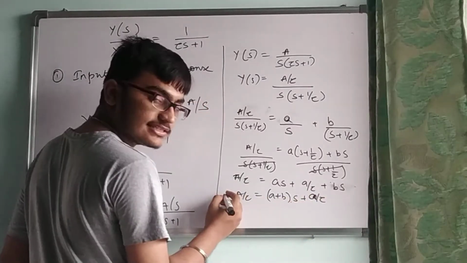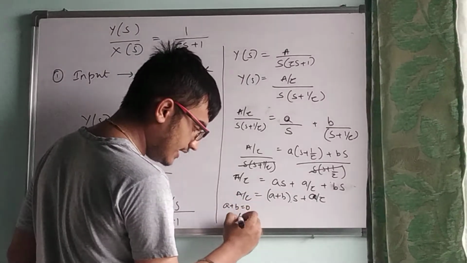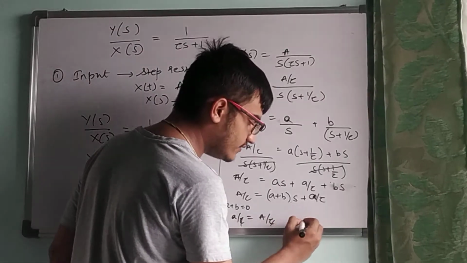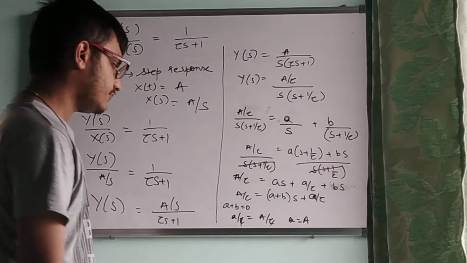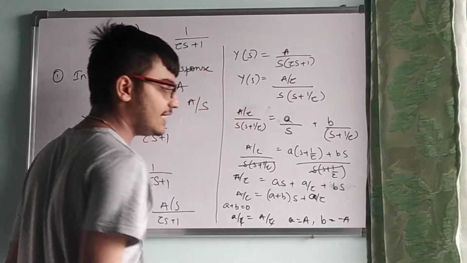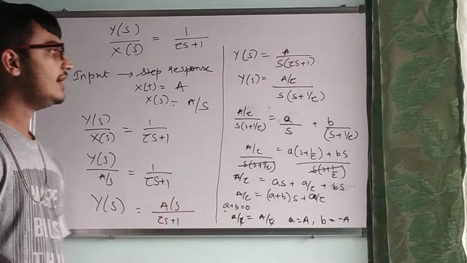Is there any s term on the left side? No. So a + b is equal to 0. A/τ is equal to a/τ, so τ gets cancelled, and small a is equal to capital A. If a is equal to A, b will be minus A. Substituting in this equation, you get b as minus A.